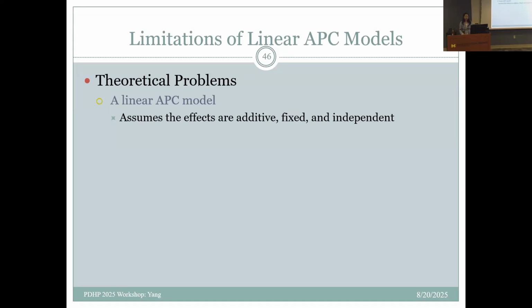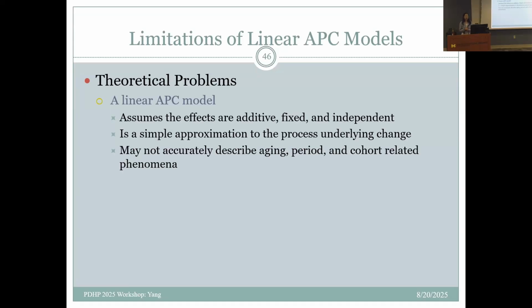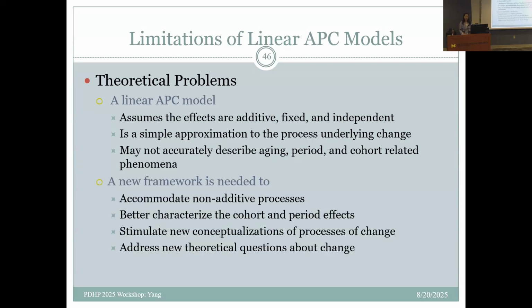I think this is okay, but it's a simple approximation to the actual process underlying change, and may not always accurately describe the age, period, and cohort-related phenomena that we're interested in modeling.